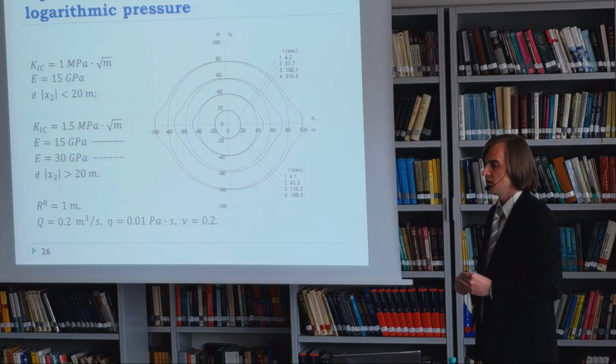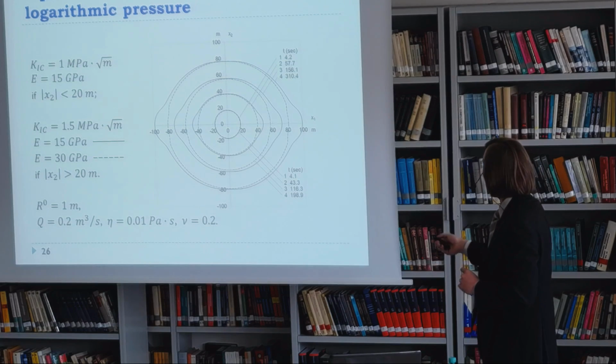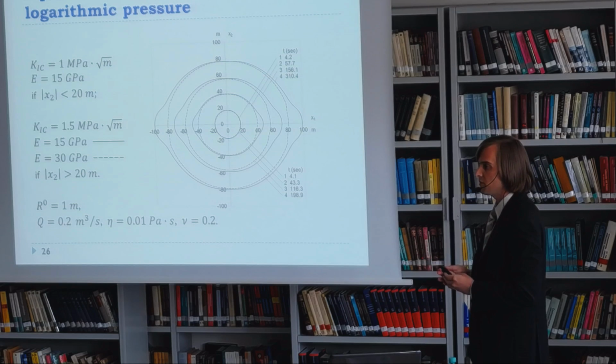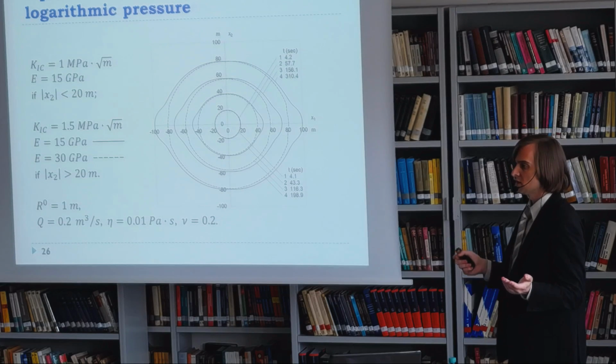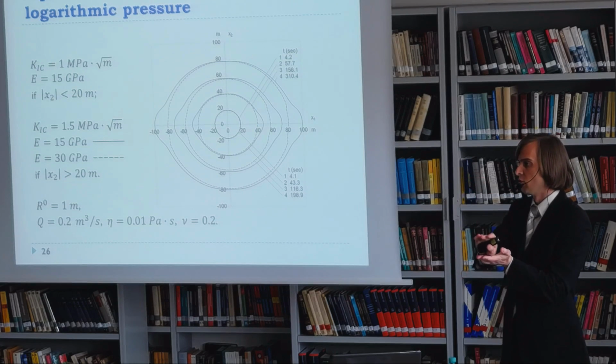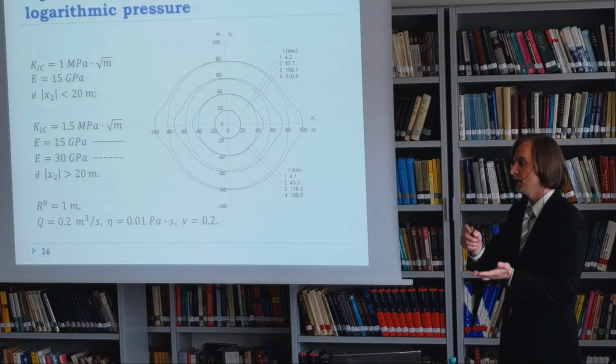I think this is the reason. If you take a look at the time here, the crack propagates much slower. I think the reason its shape is closer to a penny shape is because a higher Young modulus means smaller crack opening, and smaller crack opening means a smaller stress intensity factor.